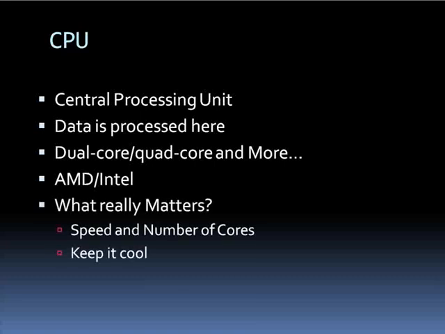What really matters is the speed, usually in gigahertz, and the number of cores. If it's a quad core, then obviously you've got 4 processors inside of one. And the other big issue with CPUs is the more cores you get into them, the higher voltage they're taking, they get hotter. And the hotter they get, the slower they run. So you want to try and keep them cool.